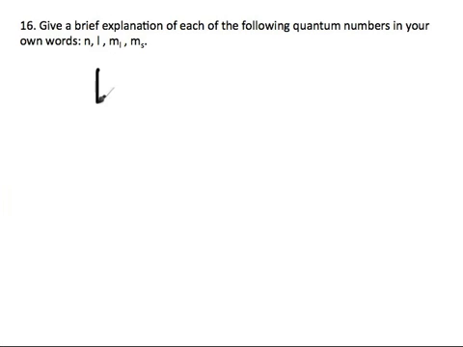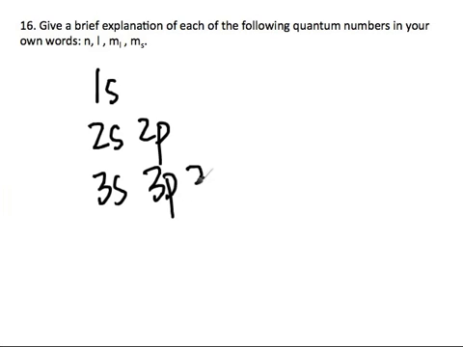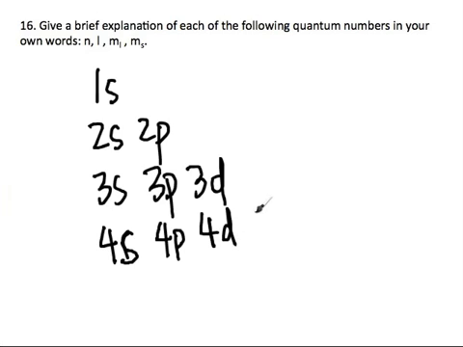So you'll often see something maybe like this. This is a useful chart or table to have to memorize. It will help you. The numbers in front are n. So for 1s, that means this is at the first energy level.